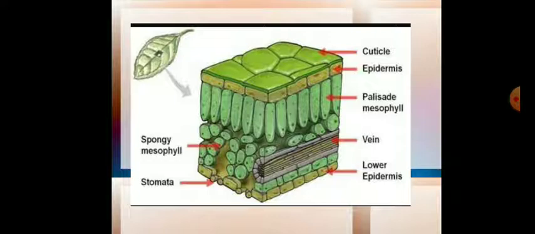These large intercellular spaces between the spongy mesophyll cells help in easy diffusion of carbon dioxide to every cell. So mostly stomata are present here. You can see at the bottom of the lower epidermis, stomata are present. So through these stomata only, exchange of gases takes place.